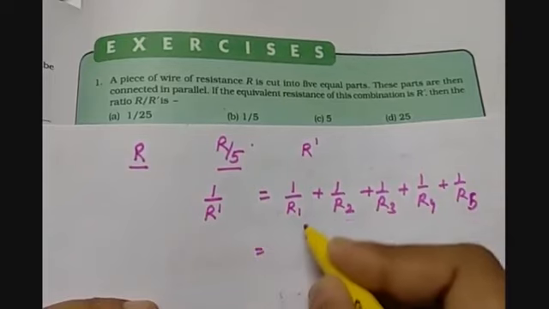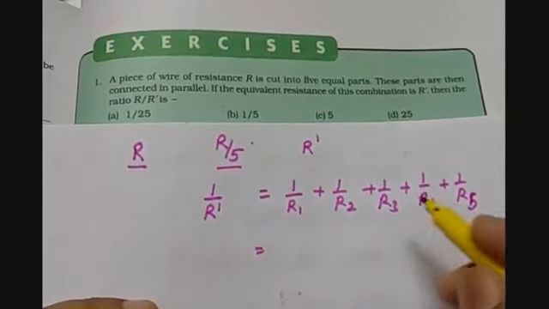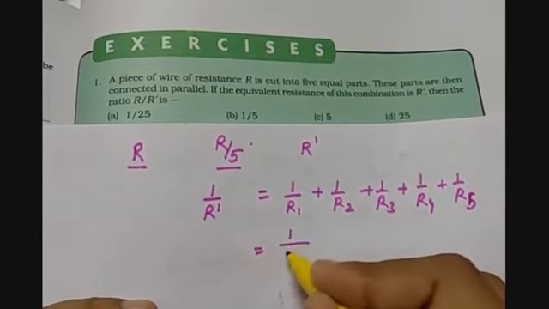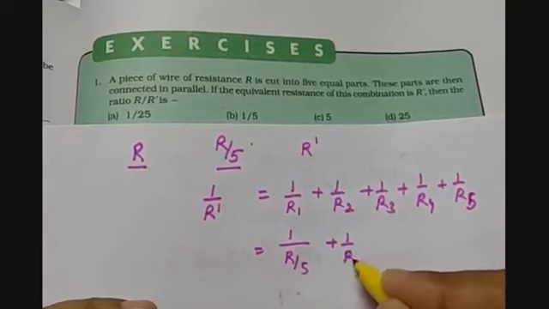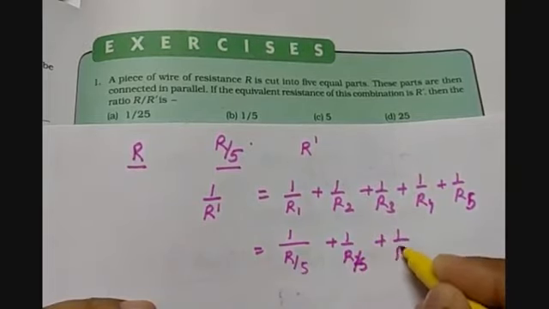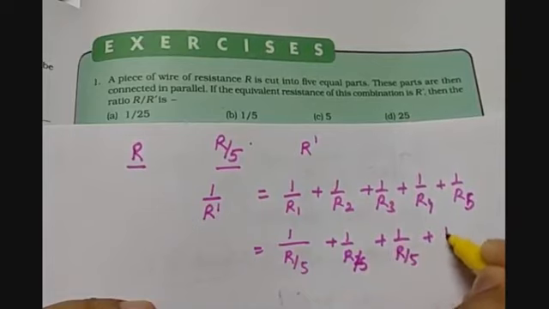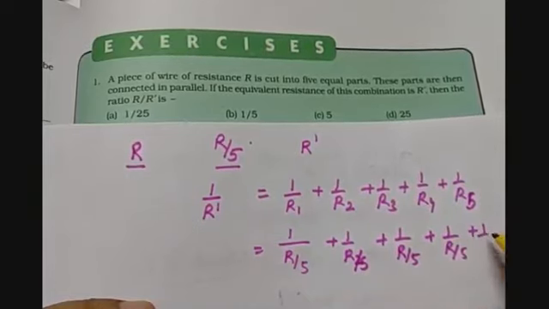Here R1, R2, R3, R4, R5 all have a value of R by 5, so they can be written as R by 5, R by 5, R by 5 and again R by 5.